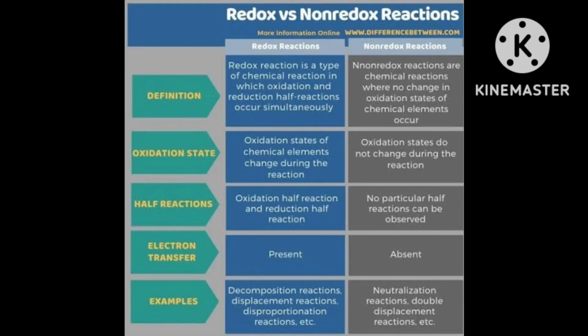Oxygen was minus 2 in CO3, and on the product side in CO2 it is also minus 2. So in no atom is there a change in oxidation number. Hence this reaction is not a redox reaction.